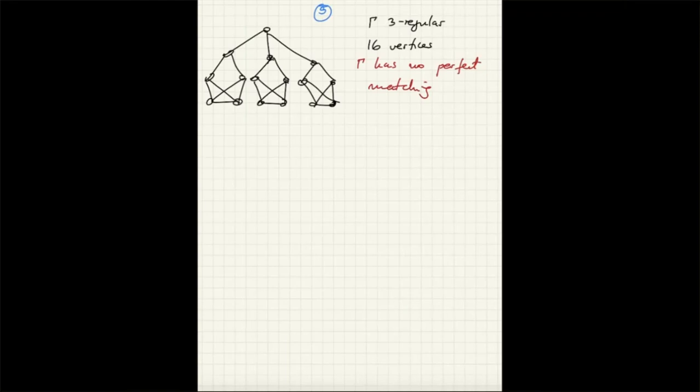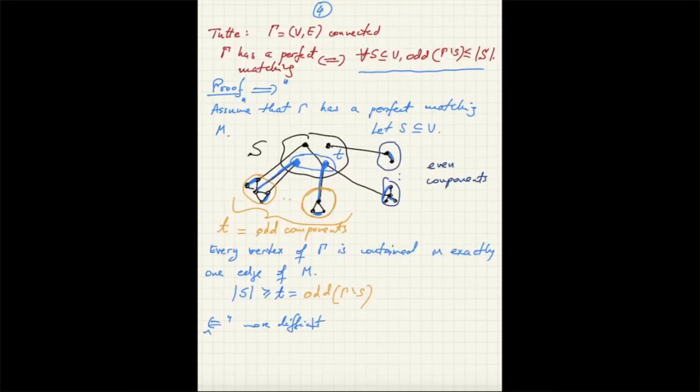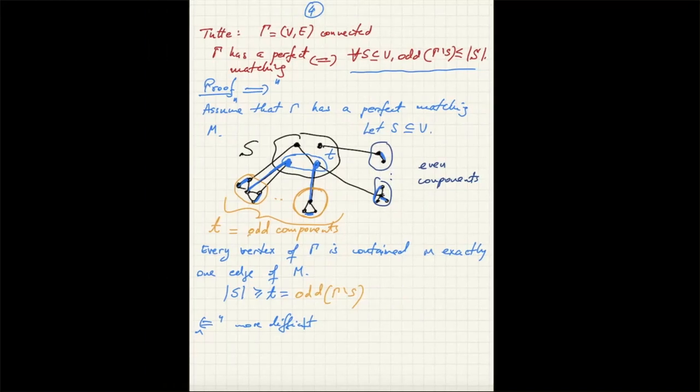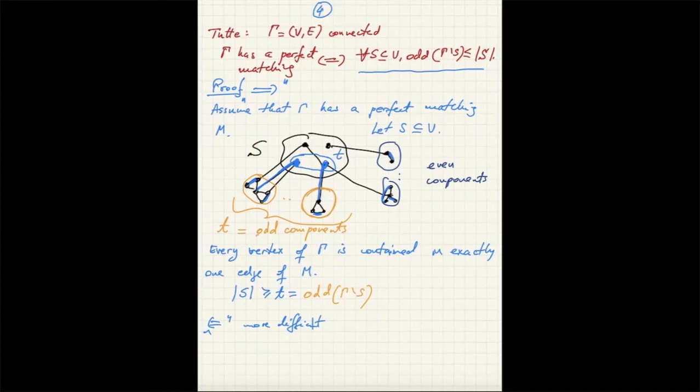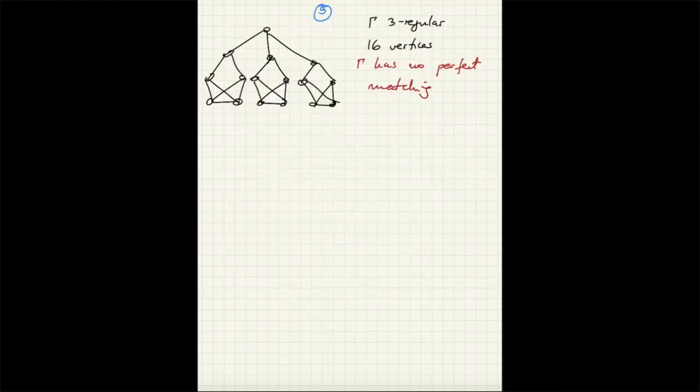And the way you prove it is by noticing that this condition here, you can call it Tutte's condition, fails. So we prove that there exists a subset of vertices S whose deletion creates more odd components than the cardinality of S. Here you can take S to be this vertex, and the cardinality of S is 1.